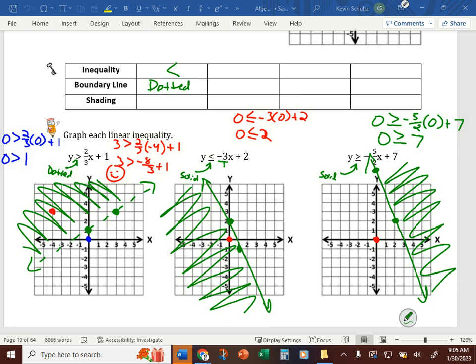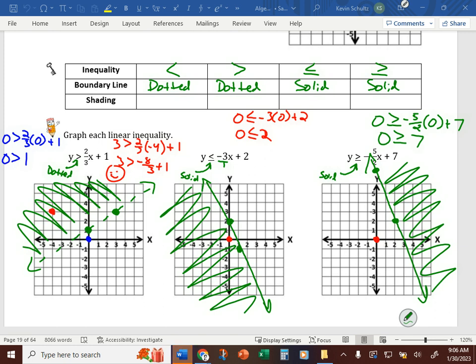If it's a greater than symbol, the boundary line will once again be dotted. We already talked about why. The solutions aren't actually on the line itself. If you have a less than or equal to symbol, your boundary line is going to be solid, because it's like that closed circle. The solutions are on the line. It includes those ordered pairs. If it's greater than or equal to, it is going to be solid as well.